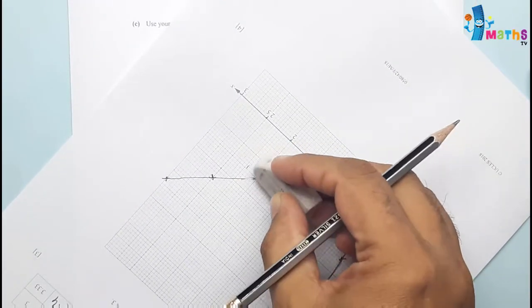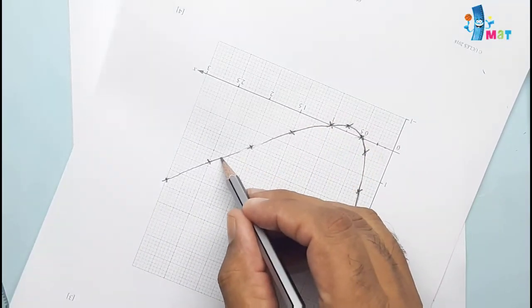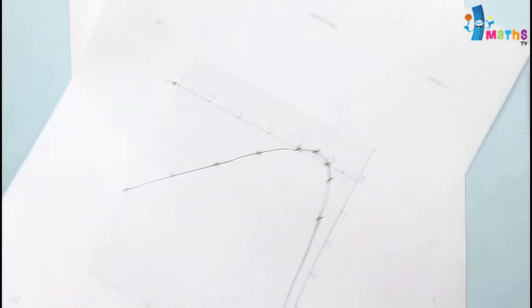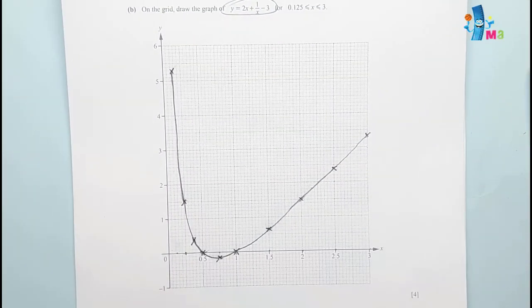So this will be a smoother curve, which we have almost drawn smoothly. Now this is the curve which we have drawn.